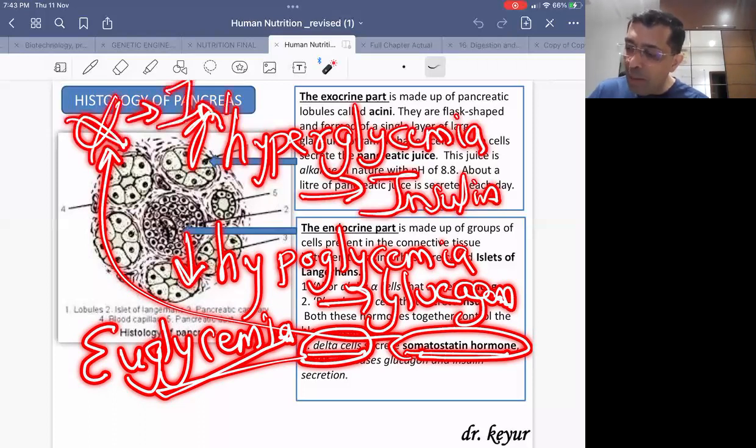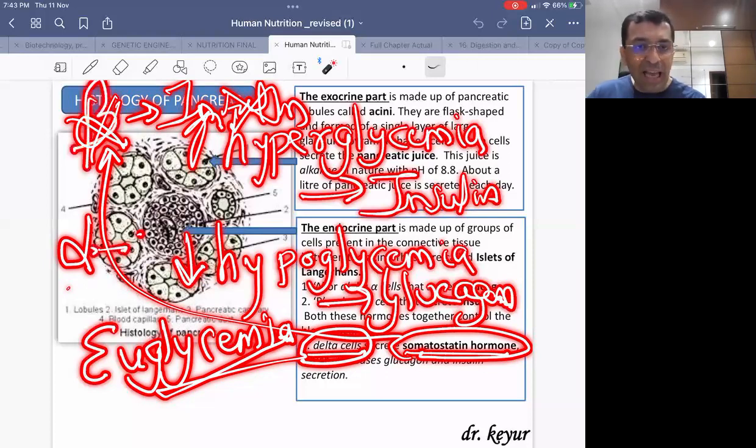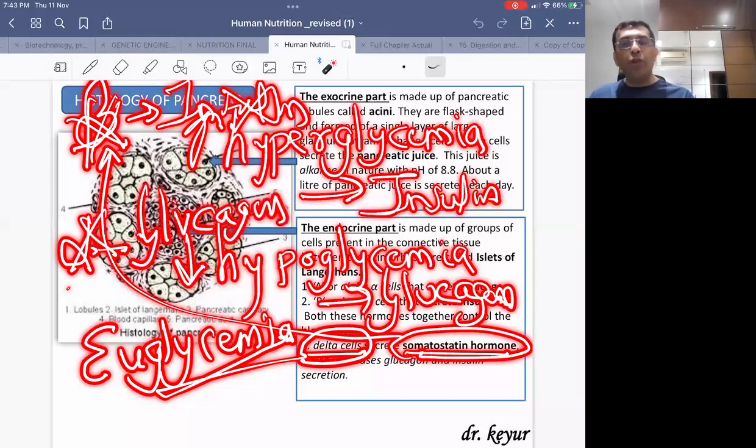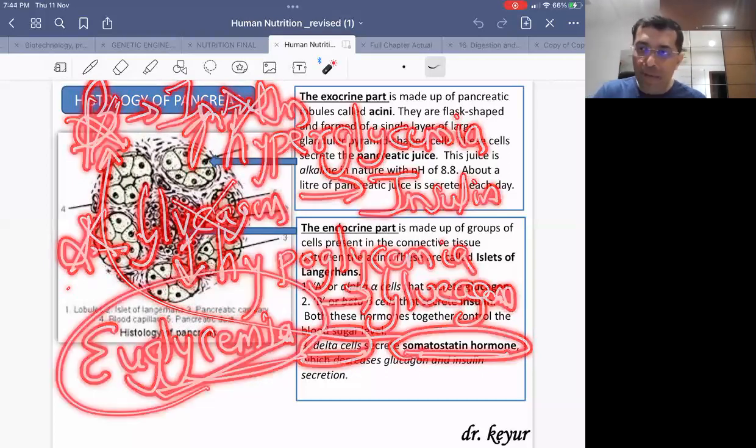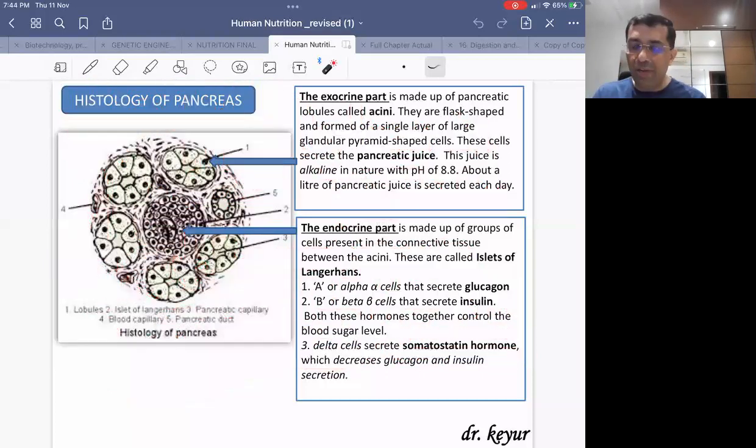So insulin production कम हो जाता है, and it will also act on alpha cells, which will stop producing glucagon. So glucagon production also becomes reduced, and neither will you have hyperglycemia nor you will have hypoglycemia. You will remain in a state of euglycemia, which is normal blood sugar levels.